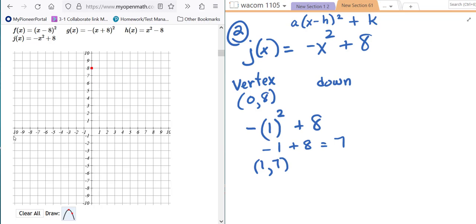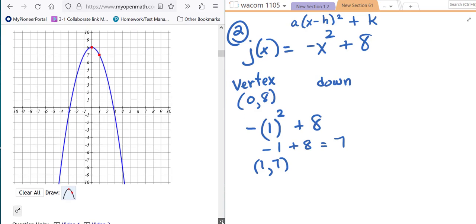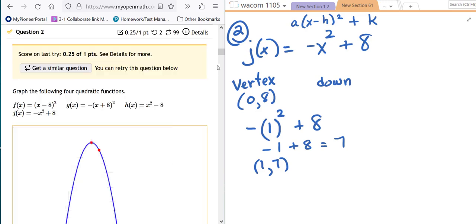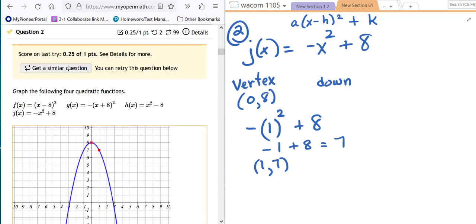Sorry, I got it off of there. So (1, 7). All right, and it's going to only give me 25%, but we'll do it anyway. So 0.25, I only did 1/4 of them, so that's good.